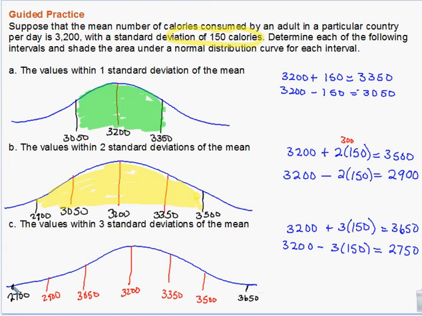It'll be very few data points. When we talk about the empirical rule, we'll cover that more. So at this point, 99% of our data is in that shaded area.